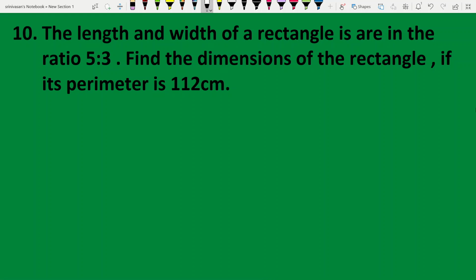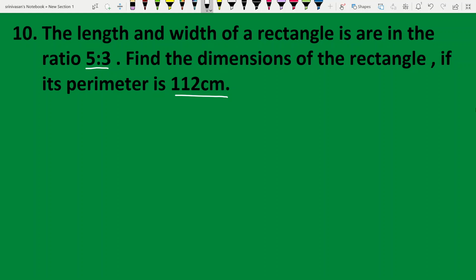Listen, children, here the perimeter is given, that is 112 centimeter, and length and breadth are given in the ratio. Now what we are going to find is the dimension of the rectangle, that is length and breadth of a rectangle we are going to find out.